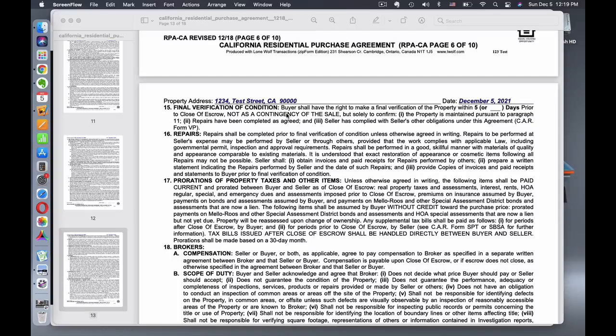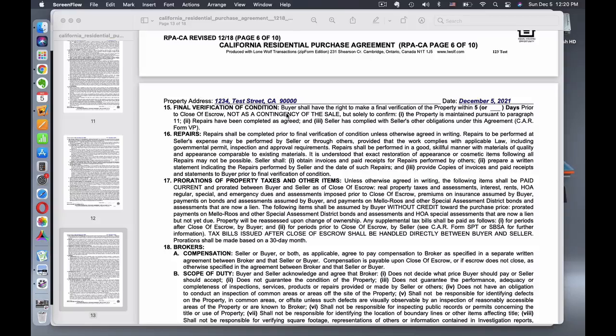Before that, the final verification of condition. So we get about 5 days prior to close of escrow. It could be 3 days, could be a little more depending on everyone's calendar. We get to walk through and make sure the property is substantially in the same condition it was when we made the offer, that we don't find damage or other things that the seller could have done to the property during escrow.